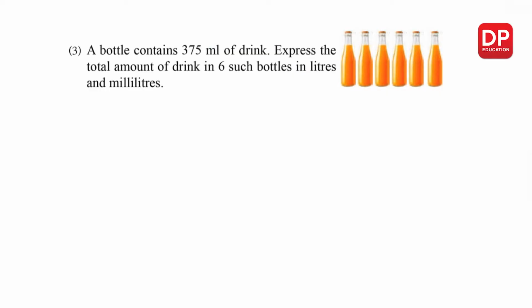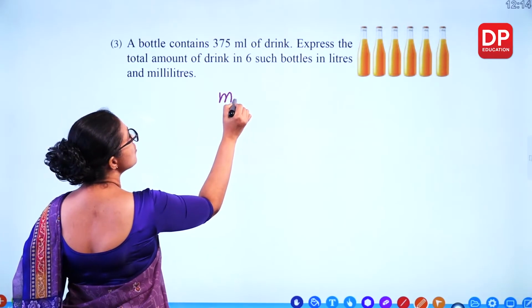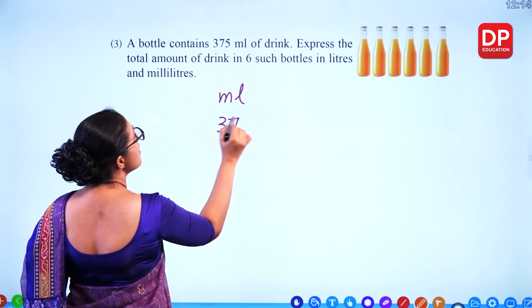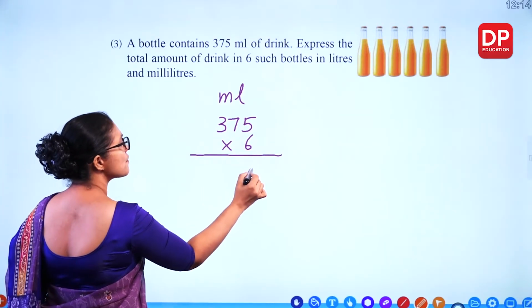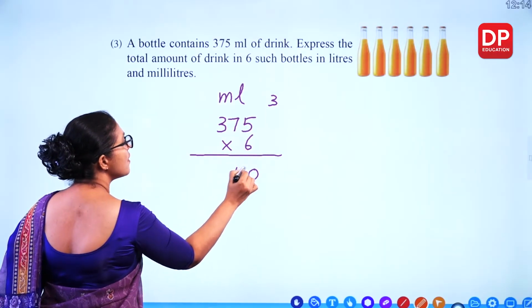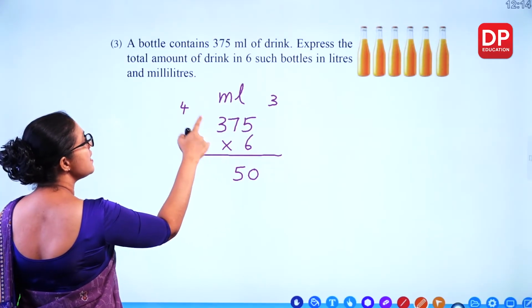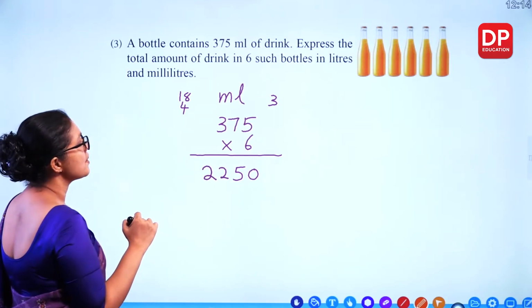Question number 3. A bottle contains 375 milliliters of drink. Express the total amount of drink in 6 such bottles in liters and milliliters. So this is also multiplication. So you can just take 375 multiplied by 6. 6 times 5, 30. 3 remaining. 6 times 7, 42 plus 3, 45. 4 remaining. 6 times 3, 18 plus 4, 22, so 2,250.